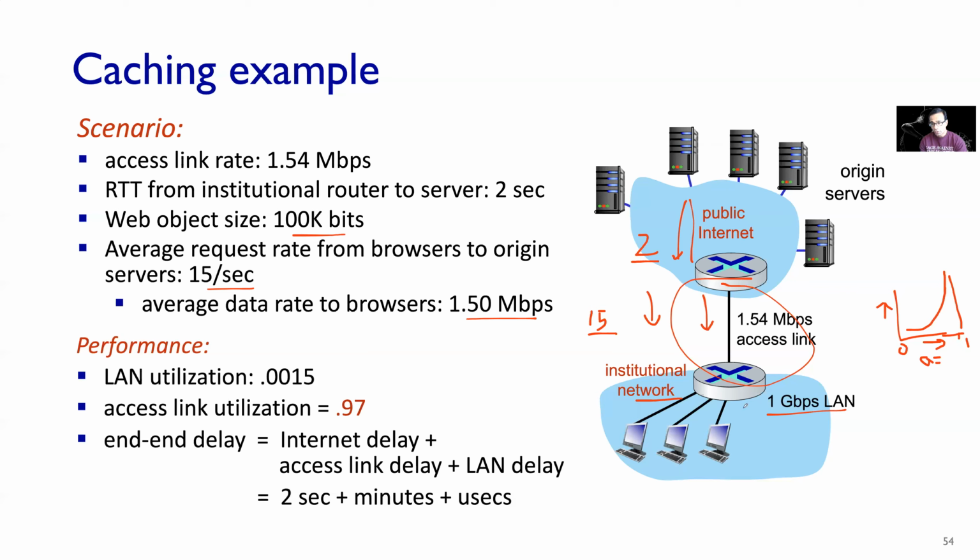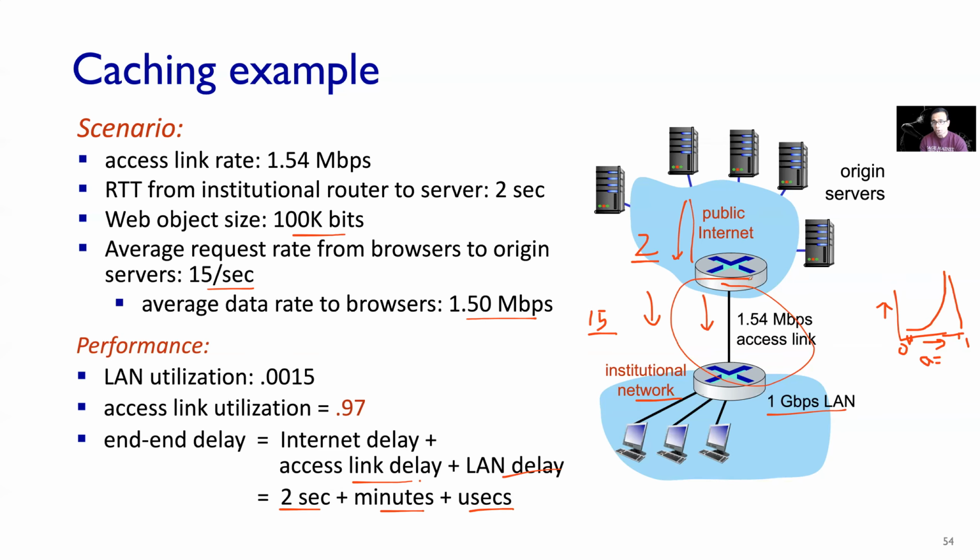So on this network, we are operating maybe somewhere here, so the delays are going to be very low. On this network, we are operating somewhere here, so the delays are going to be very large, right? So as you see here, the access link delay can be up to the order of a few minutes. The local area network delay is only a few microseconds. And then of course, this is fixed, right?